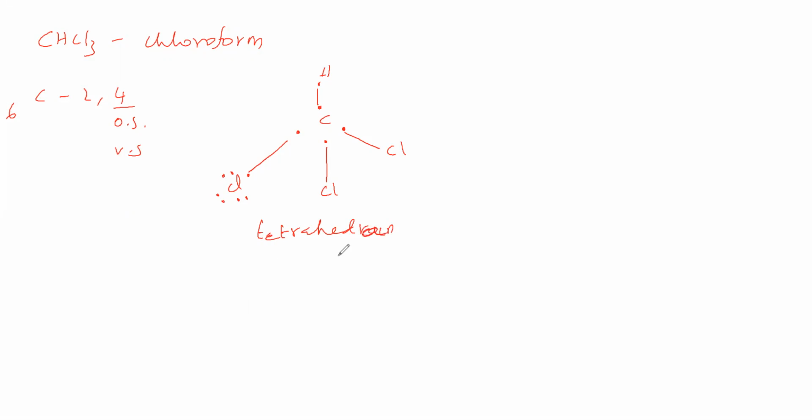But here the surrounding atoms are not similar. Therefore, the shape is slightly distorted, so we can say distorted tetrahedron. Distorted in the sense of getting irregularity, not perfect, not regular. This is the chloroform.